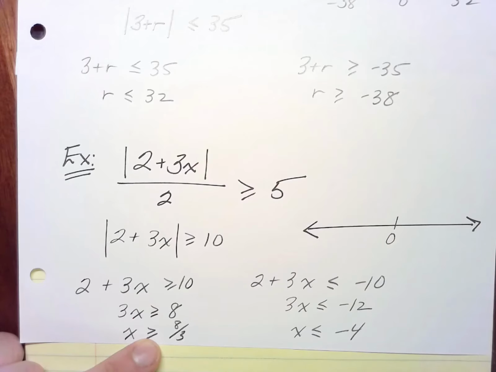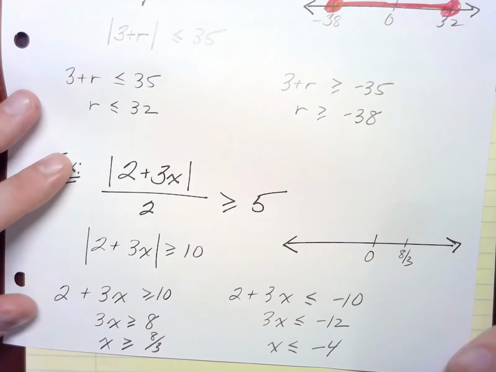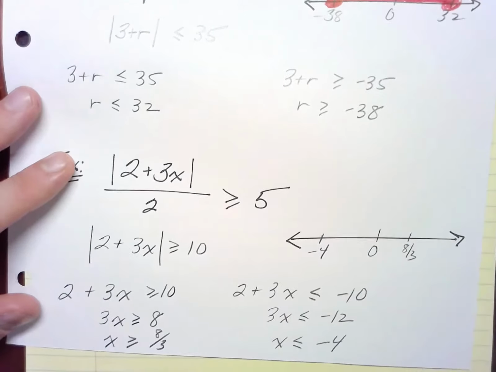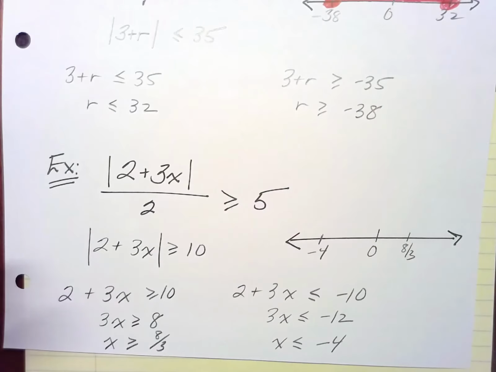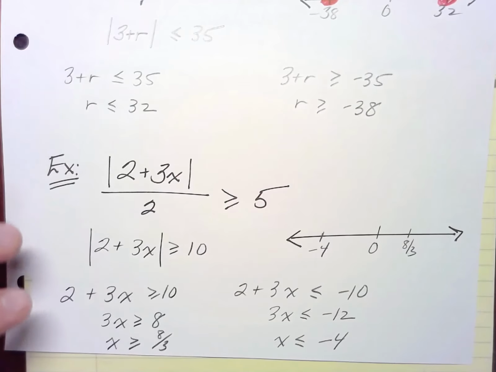So bigger than 8/3 and smaller than negative 4. Which, by the way, 8/3 is what? What number is 8/3? I'll let you figure that out while I'm getting the right pen here. This is a disjunction. I need blue.